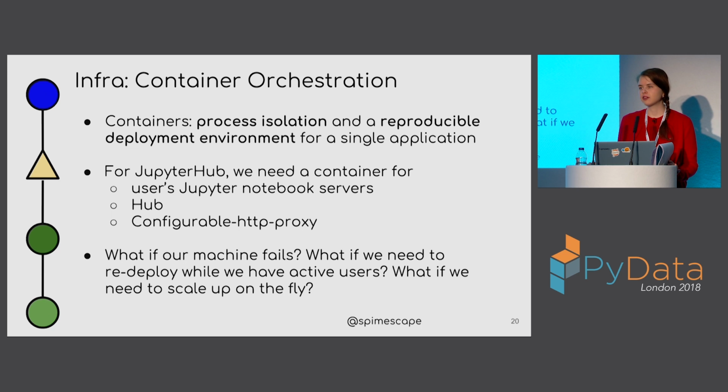What if one of your cloud virtual machines fails? What if you need to redeploy something while you have active users? Will you be able to do some kind of load balancing if you suddenly have an influx of users? Will you be able to redirect your users to machines in an alternative failover zone, for example, if one of your data centers goes out?